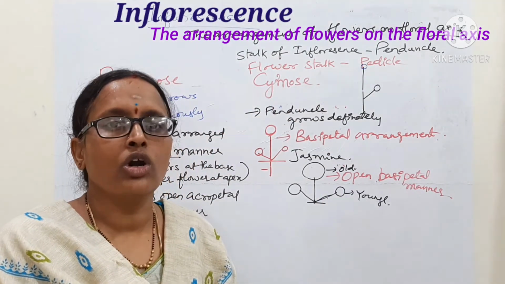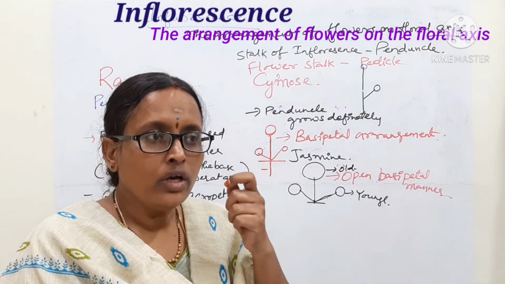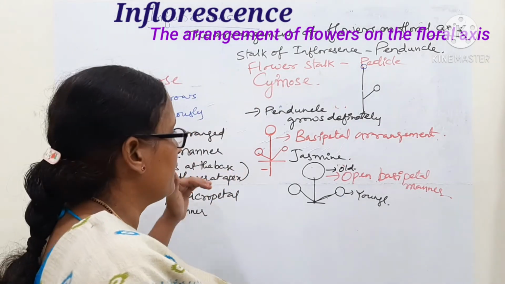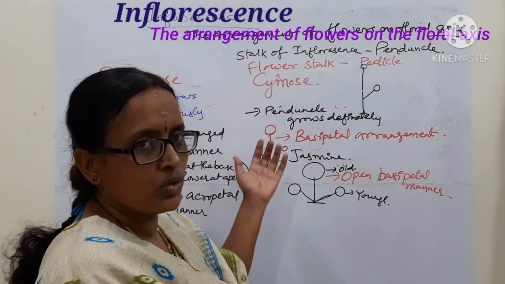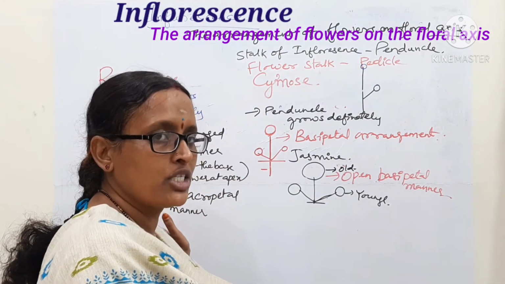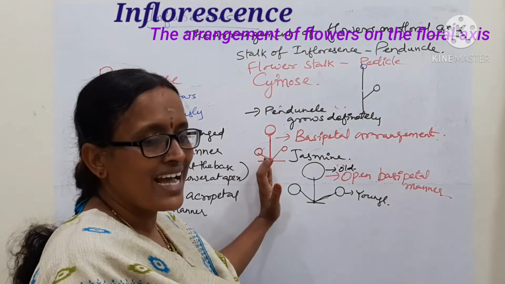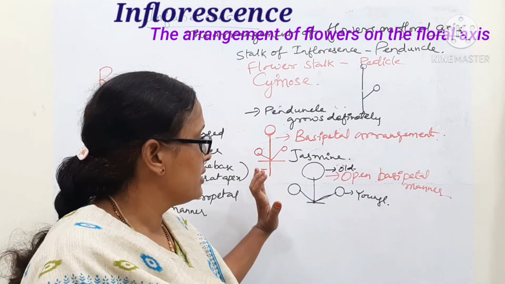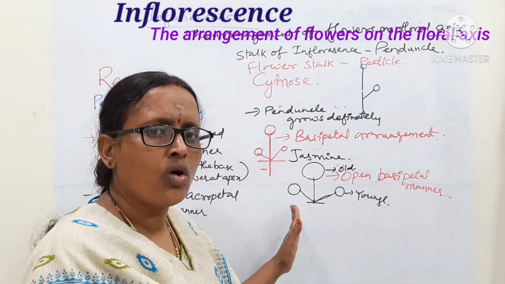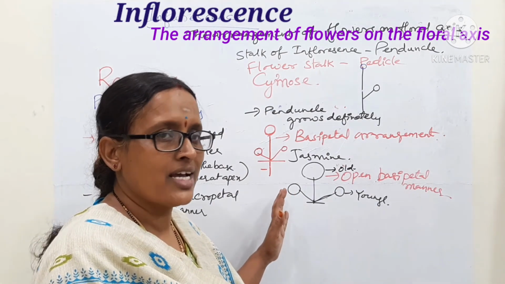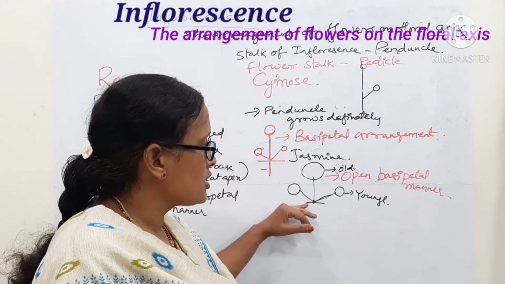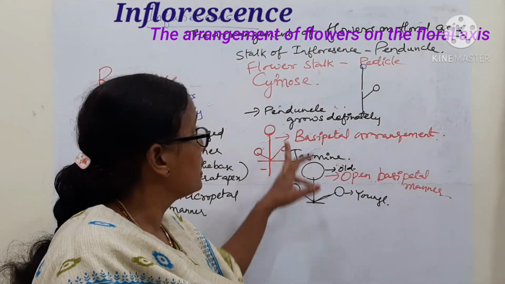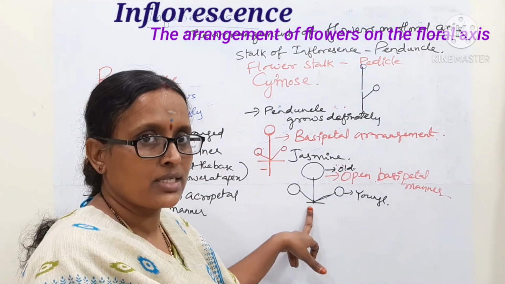If it grows continuously, as in the mango plant, that is racemose inflorescence. Whereas in jasmine and bougainvillea, the older flowers are at the apex. This is the example for cymose inflorescence.